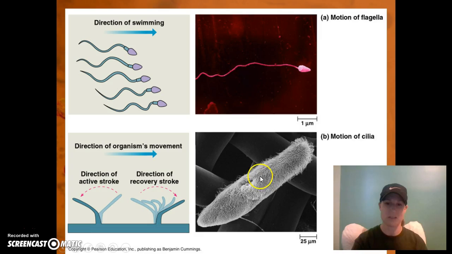You can see this organism here. I think it's a protozoan, but it's covered in cilia, right? And how it is moved by the cilia is that those cilia work like oars. So think about paddling a boat. You have the active stroke where you're pushing through, and then the recovery stroke, and the active stroke and the recovery stroke.